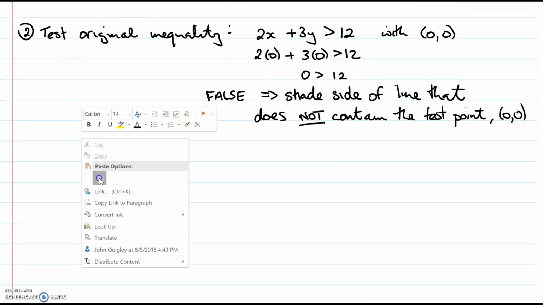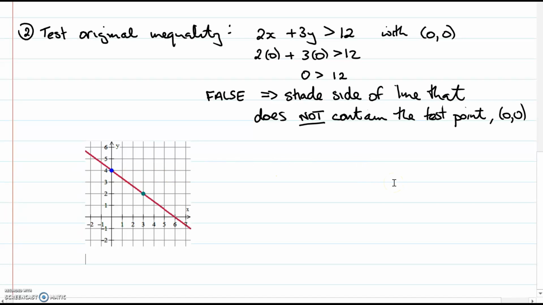Okay, so let's bring that graph back in here. This is our original graph. Here's the line. So we're either going to shade above the line like this, or we could shade below the line.